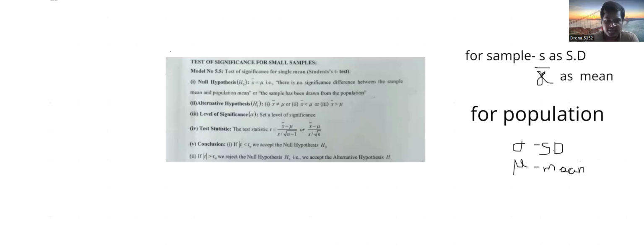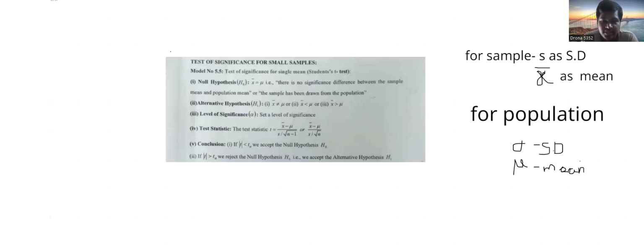We have to test the given information using t equals x bar minus mu by s by square root of n minus 1. And here the conclusion: t here means the calculated test statistic.